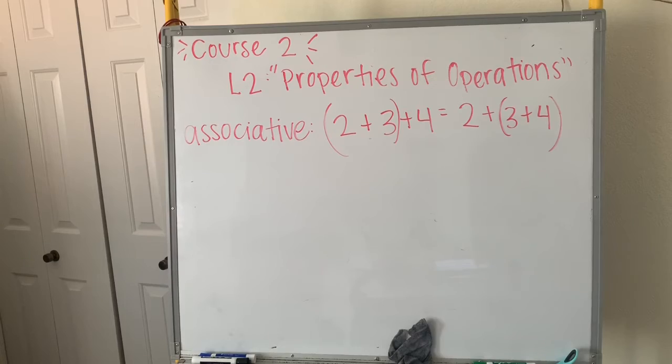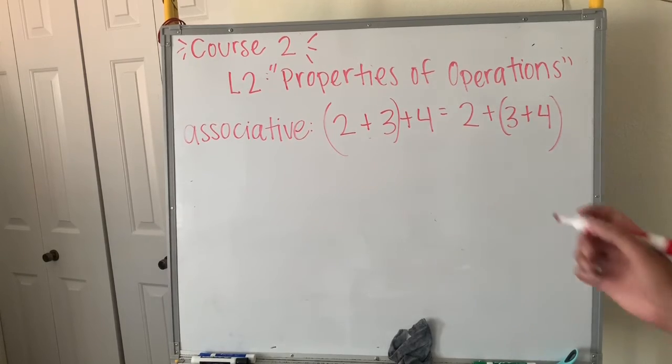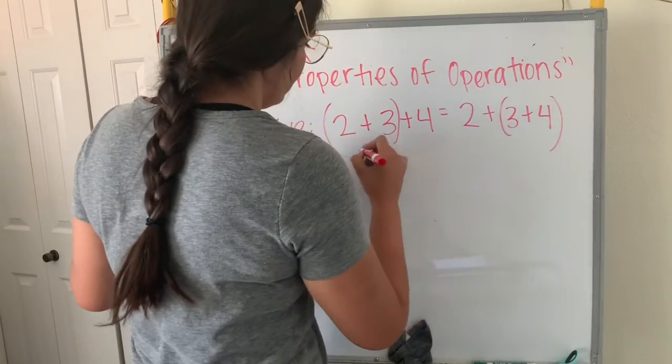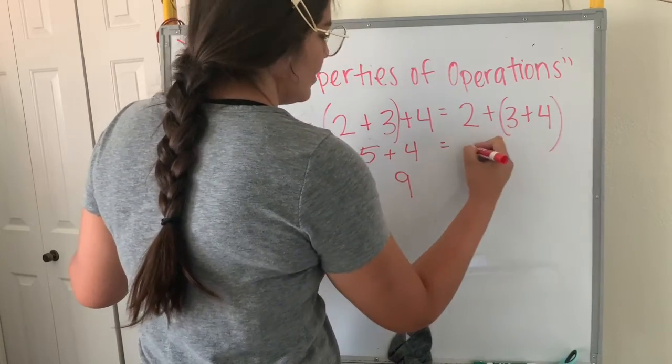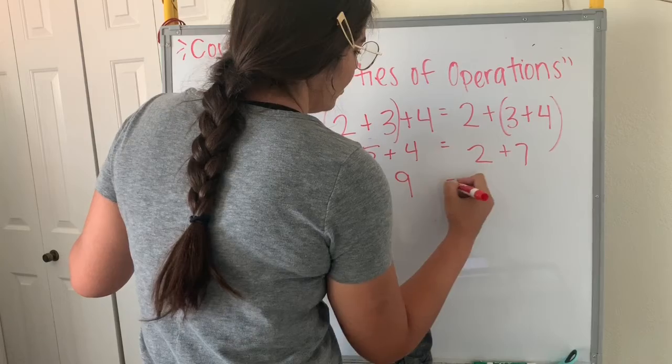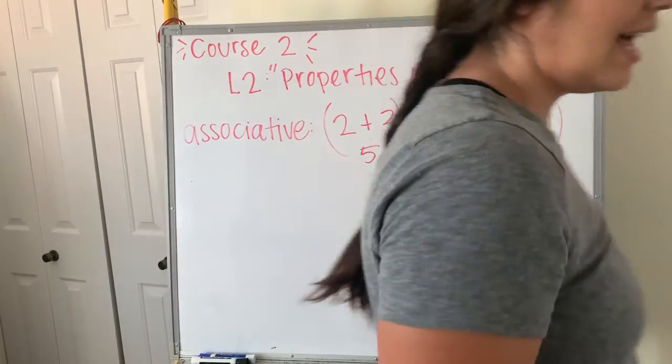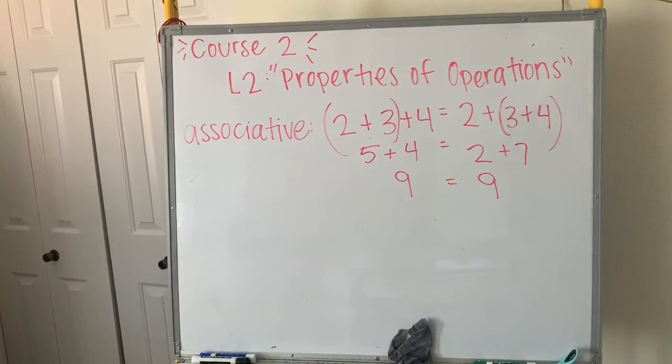Well, on the left, 2 plus 3 is 5, and 5 plus 4 is 9, 3 plus 4 is 7, and 2 plus 7 is 9. So the associative property states, again, that the grouping of which you solve does not change the outcome.